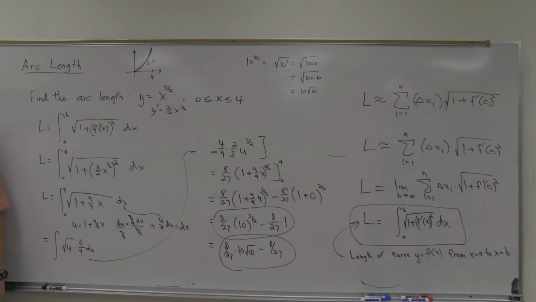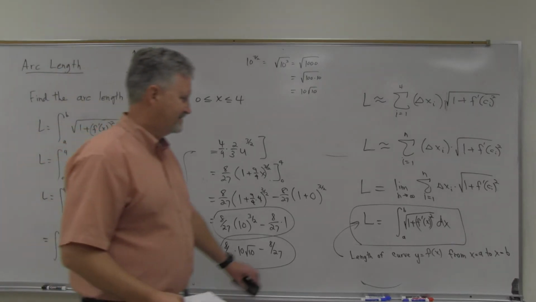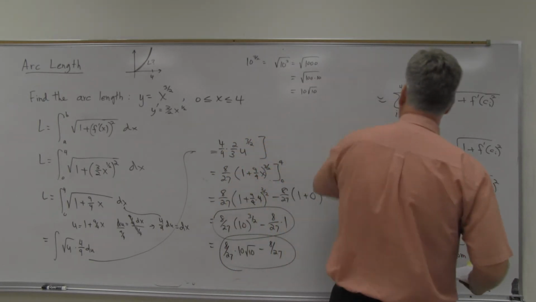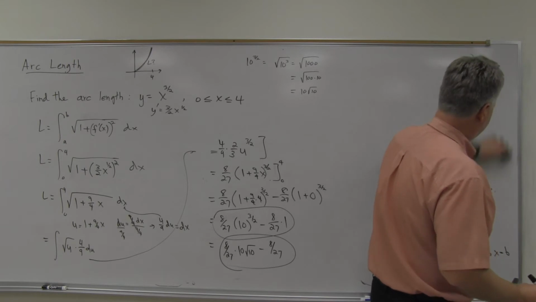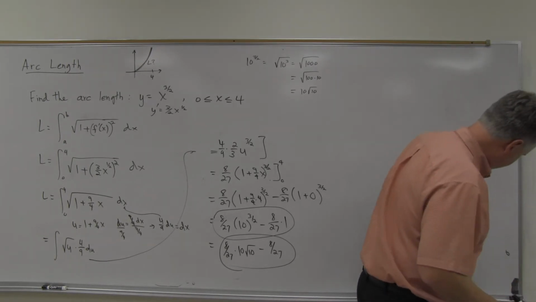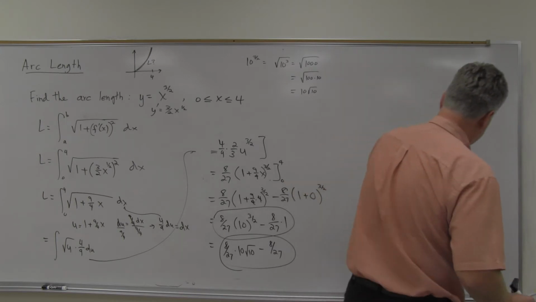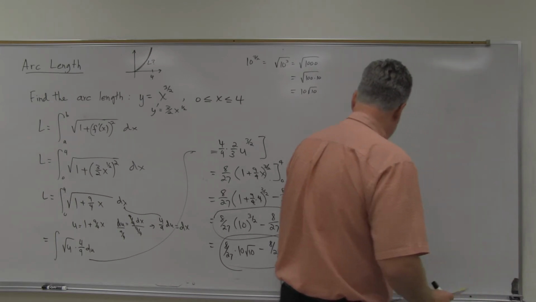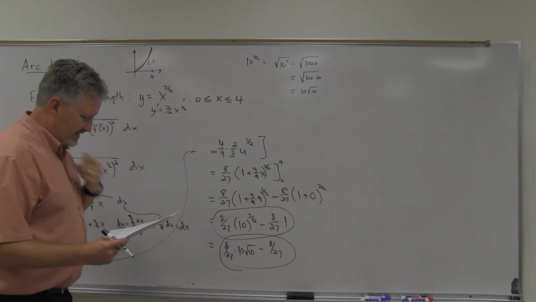All right. Now let me show you this one. This one's really tricky. It works out nicely, but it's sort of hard to see if you're just doing it on your own here. You may not see how this works out so nicely, but that's what I was going to show you, how this one works.